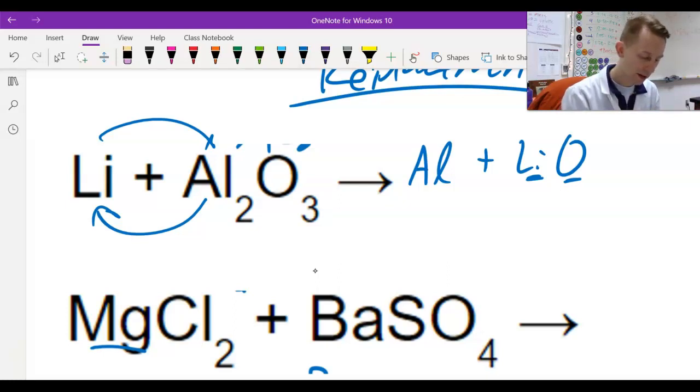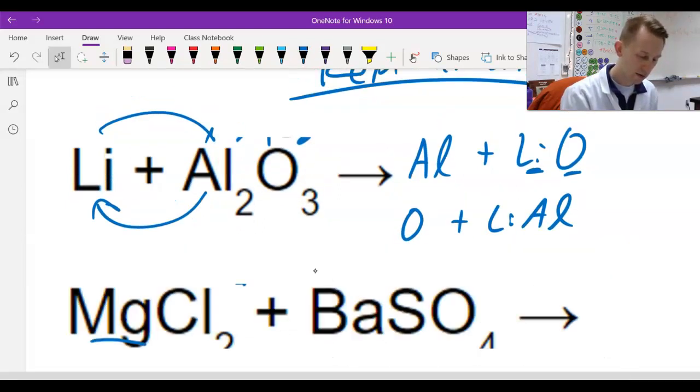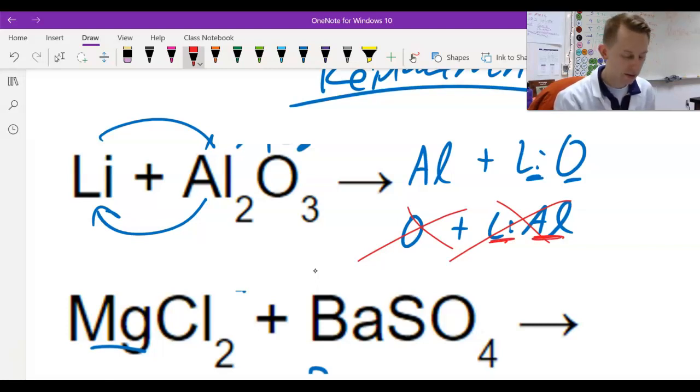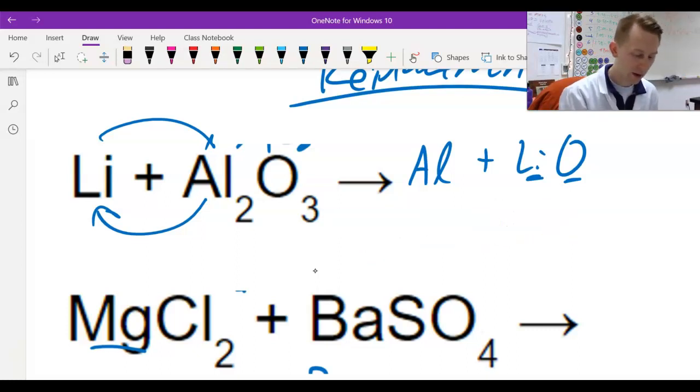It would not be right if I ended up with O plus Li and Al, because lithium is a cation, and aluminum is also a cation. So it cannot be that way. You have to make a valid actual chemical formula here. So just be mindful of that.